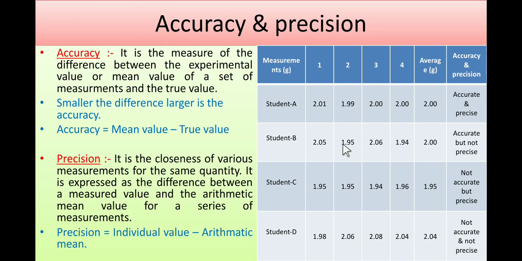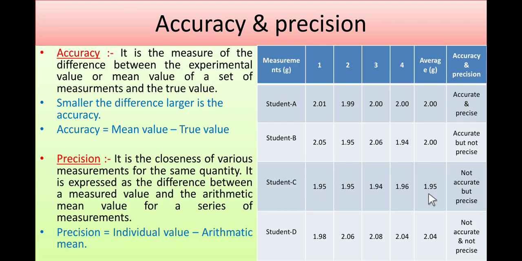Because the readings have a greater difference from the true value. The difference between each experiment and the true value is greater. Not precise.